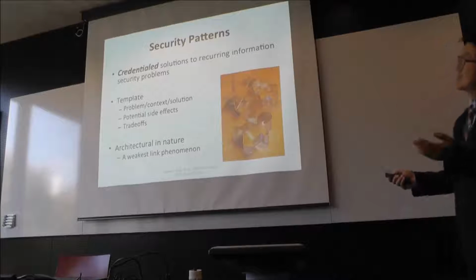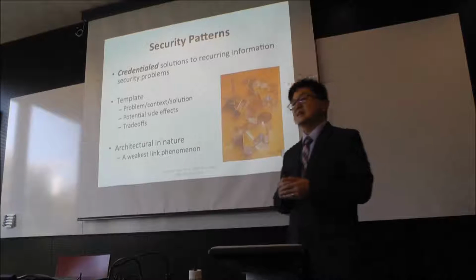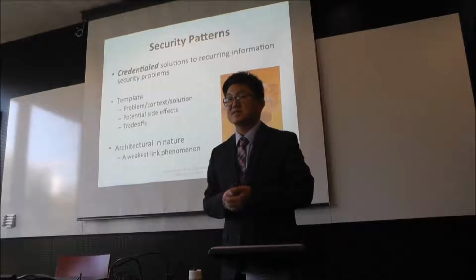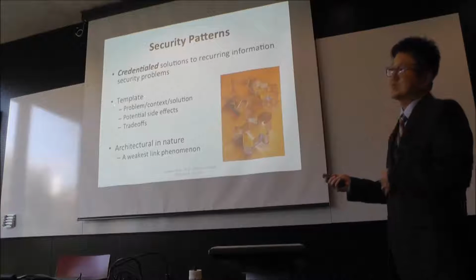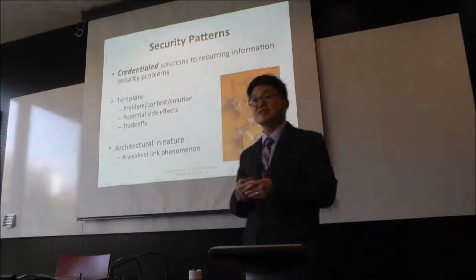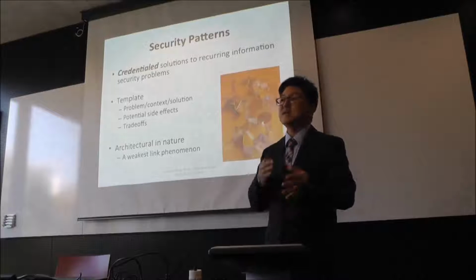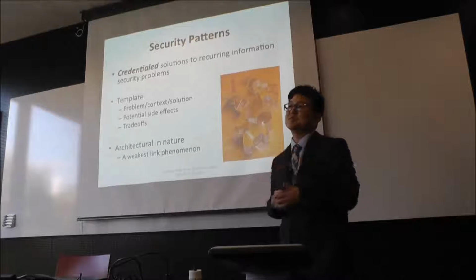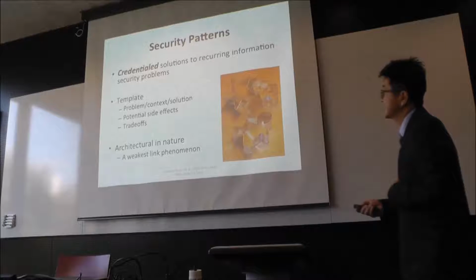So typically they use sort of a template to define a security pattern, such as what are the problems, what are the solutions, what is the context, for example, these security patterns are being used. So per security pattern, we always have this sort of a template we use to describe the security patterns.